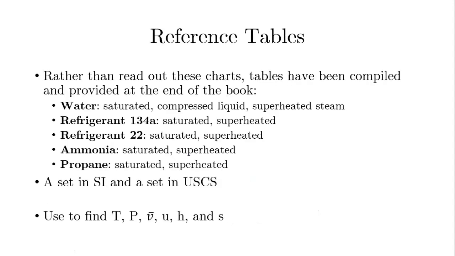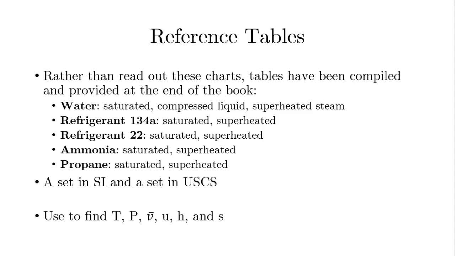Okay, so we have these reference tables at the end of the book, which you will use extensively. And I will show you how to use that in examples and here as well. So instead of having these big charts for different compounds, which you could do, you could look them up, not a big deal.